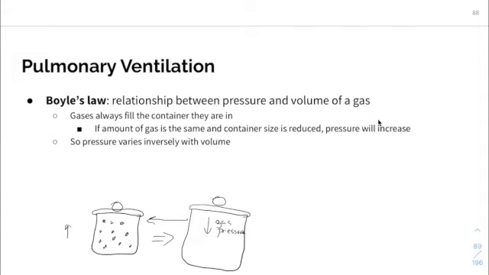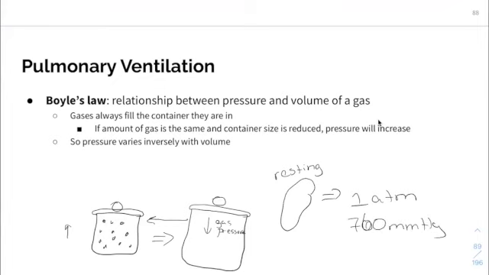Because remember, when our lungs are at rest, that's actually going to equal 1 atmospheric pressure, or 1 atmosphere, or 760 millimeters of mercury.